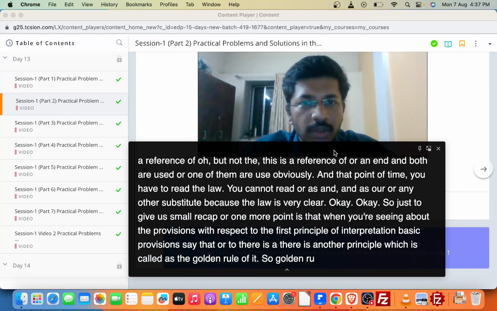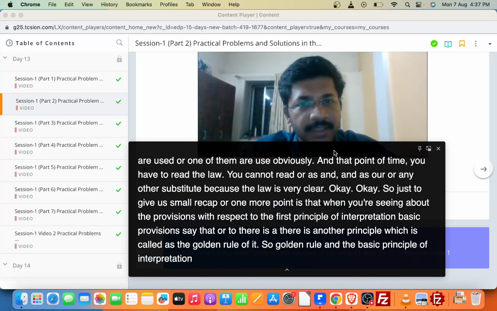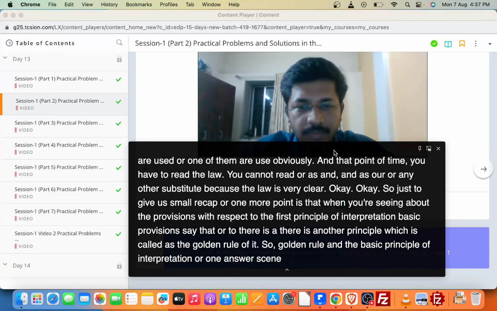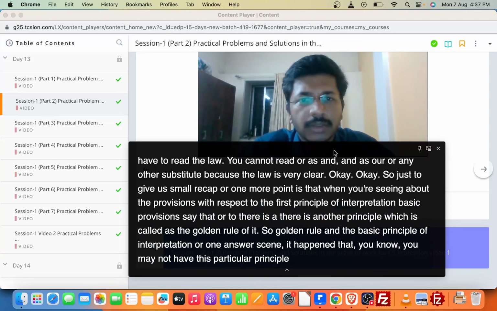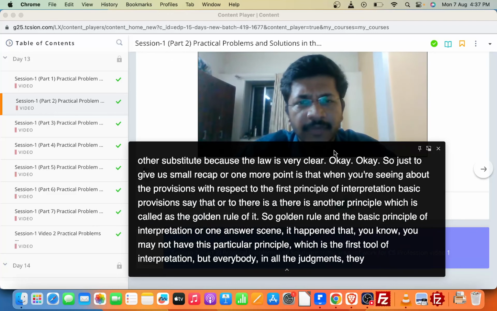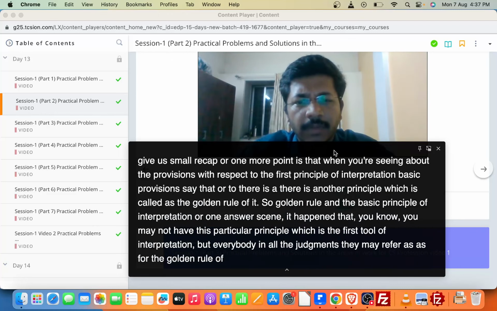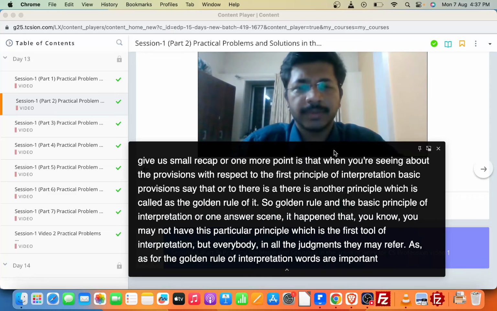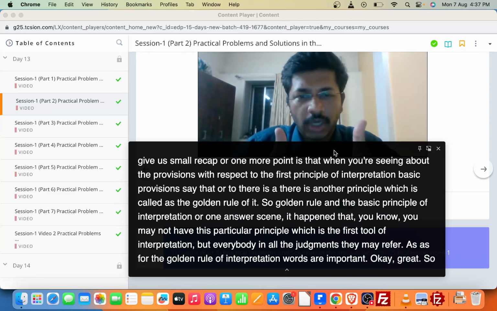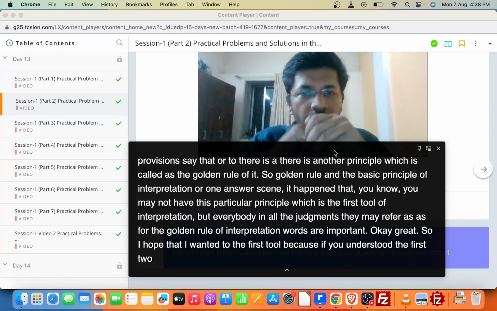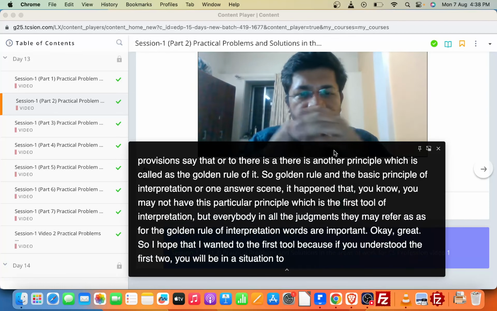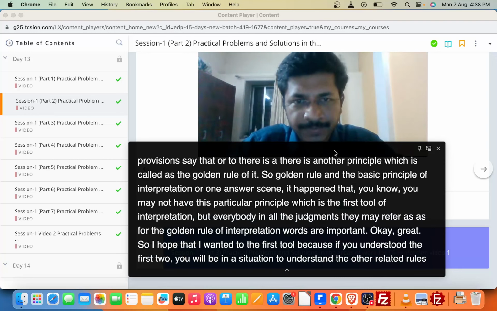The golden rule and the basic principle of interpretation are one and the same. You may not see this principle called the first rule of interpretation, but in all the judgments they may refer to the golden rule of interpretation: words are important. I hope you have understood the first rule, because if you have, you will be in a situation to understand the other related rules.